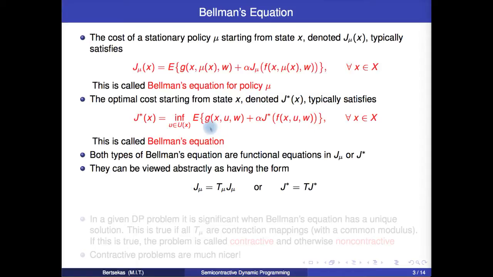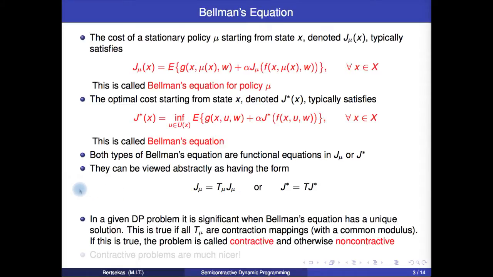Similarly, the Bellman equation for the entire problem can be viewed as a fixed point equation that can be solved for J star, where T expresses this transformation which takes a function J star into the function T J star.